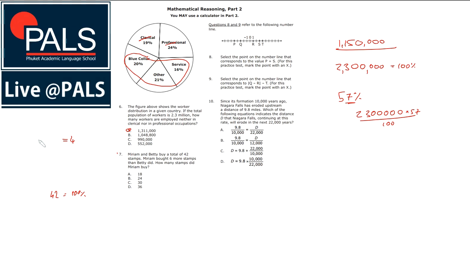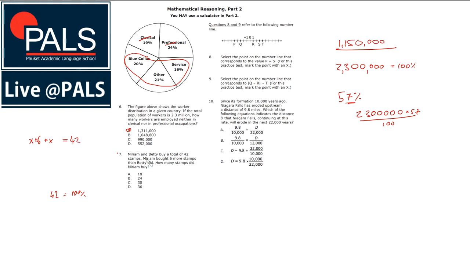How many stamps did, so we have basically x plus 6, that's Miriam, plus x is Betty, and that is equal to 42.